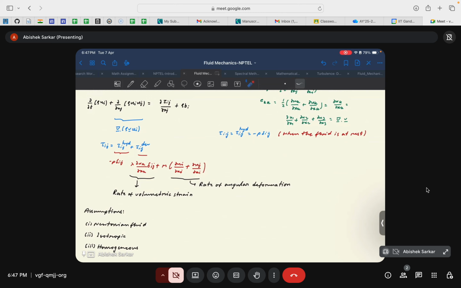I will just write it for your clarification. For the hydrostatic case, your concerned stress tensor will basically be this one. Negative sign, you already know why it is there, because it is an inward acting force. Pressure is always acting in the inward direction considering the normal vector to that area.